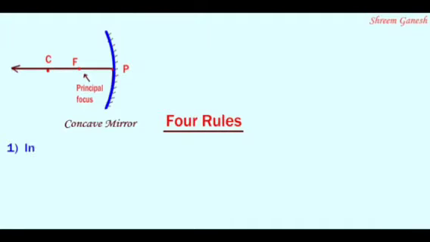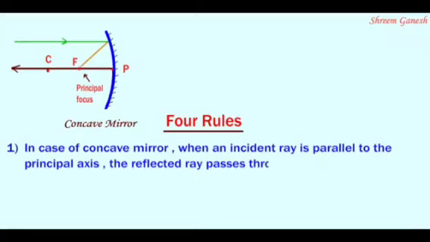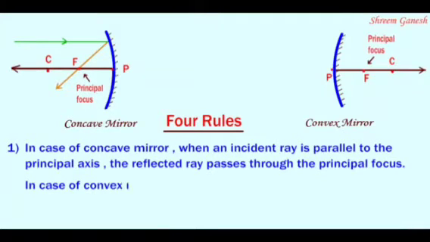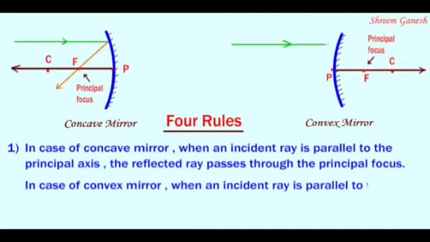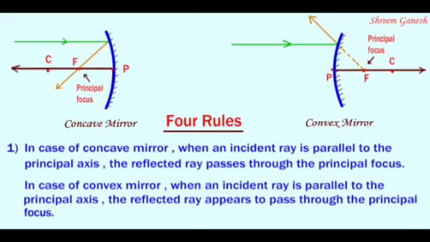There are 4 rules of reflection by a spherical mirror. Number 1. In case of concave mirror, when an incident ray is parallel to the principal axis, the reflected ray passes through the principal focus. In case of convex mirror, when an incident ray is parallel to the principal axis, the reflected ray appears to pass through the principal focus.